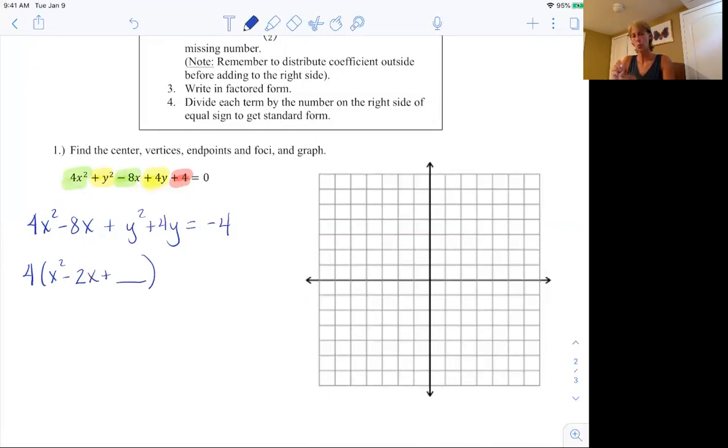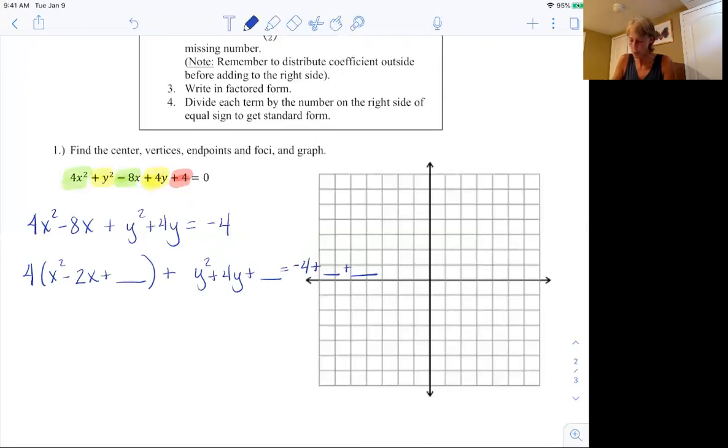I'm going to move on to the y term. I don't have the GCF this time because I don't have a number in front of the y. I added 2 spaces on one side. I have to add 2 on the other. Find the number to add, right?